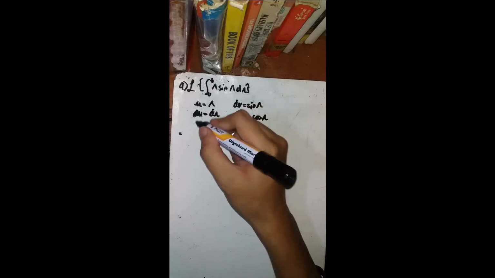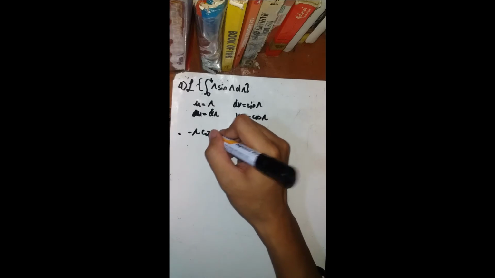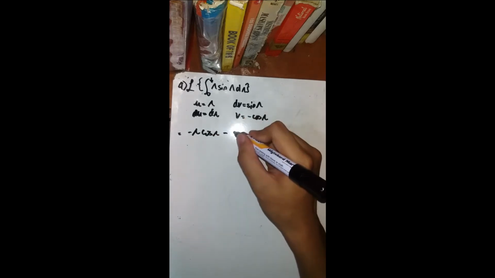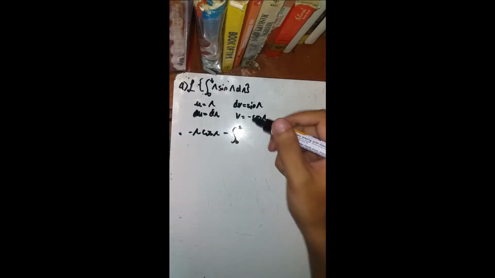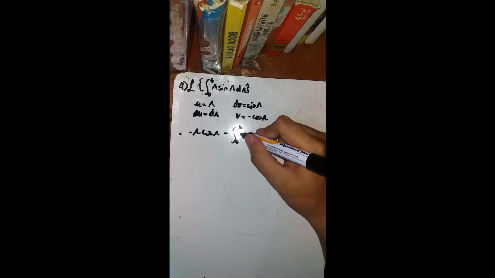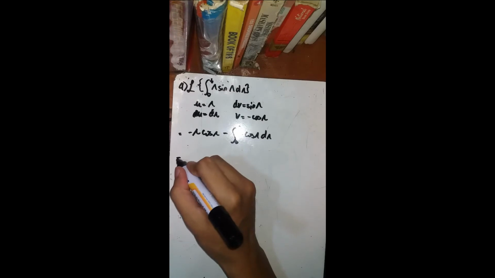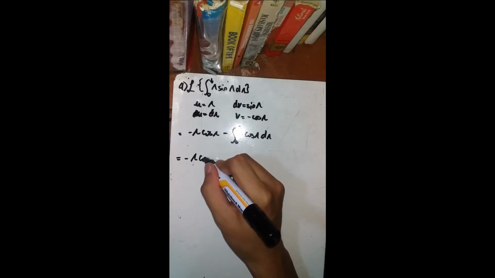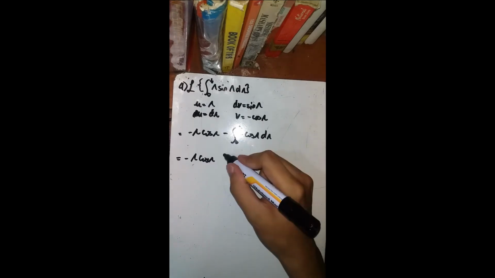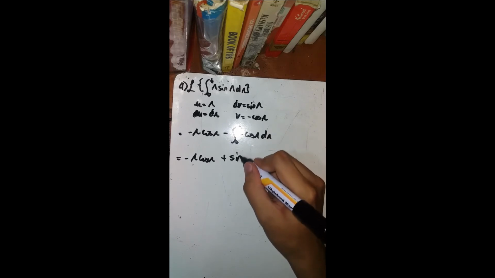So we have here negative lambda cos lambda minus the integral from 0 to t of negative cos lambda d lambda. This is equal to negative lambda cos lambda plus sine lambda.